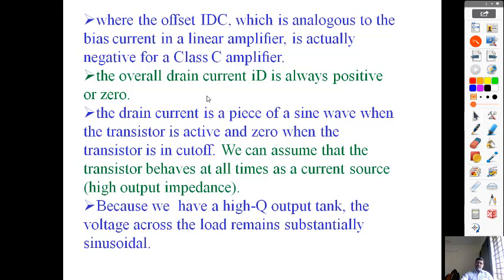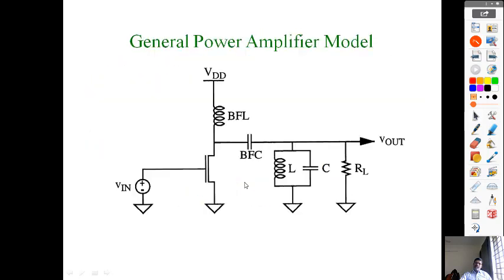Drain current is a piece of a sine wave when the transistor is active and 0 when the transistor is in cutoff. We can assume that the transistor behaves at all times as a current source, that is, a high output impedance. So the transistor here is acting as a current source. That's why we are going to use an LC parallel tank circuit. Otherwise, we would have to use a series LC resonant circuit if the transistor were acting as a switch.